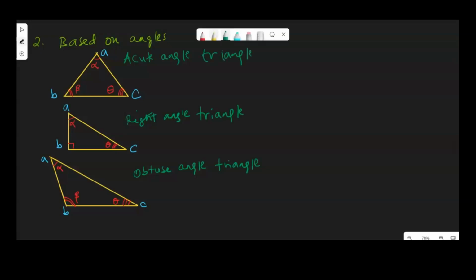These three types of triangles have their own properties. When we see an acute angle triangle, acute means less than 90 degrees. So all the angles are less than 90 degrees. Alpha, beta, and theta are all less than 90 degrees.